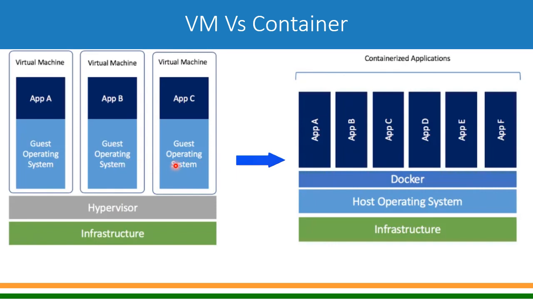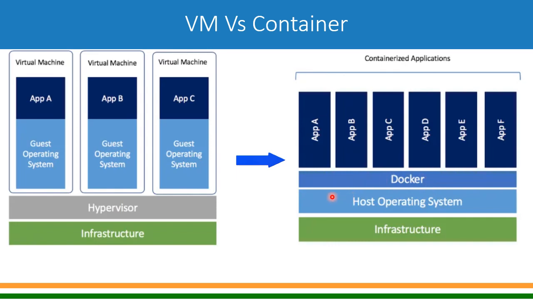a network function or application. In a container, what happens is that you have the infrastructure and the host itself has its own operating system, and on top of that you install a containerization application. Here it's shown as Docker, which is one of the very popular software for making containers. You can use any other.